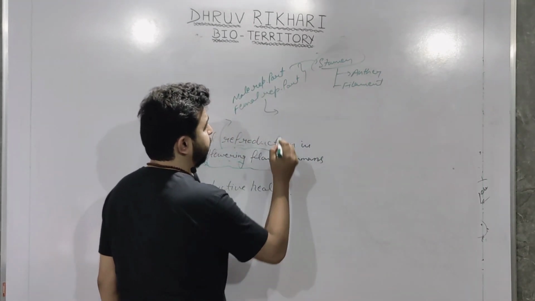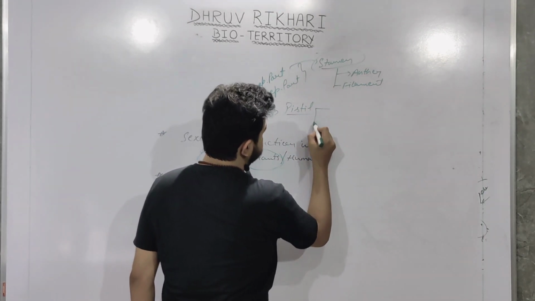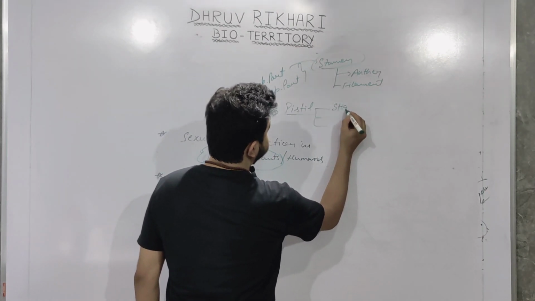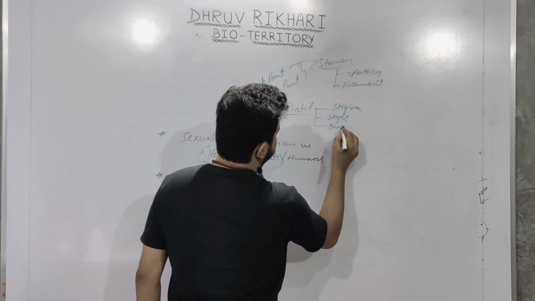The female reproductive part is known as the pistil, and the parts of the pistil are the stigma, style, and ovary.